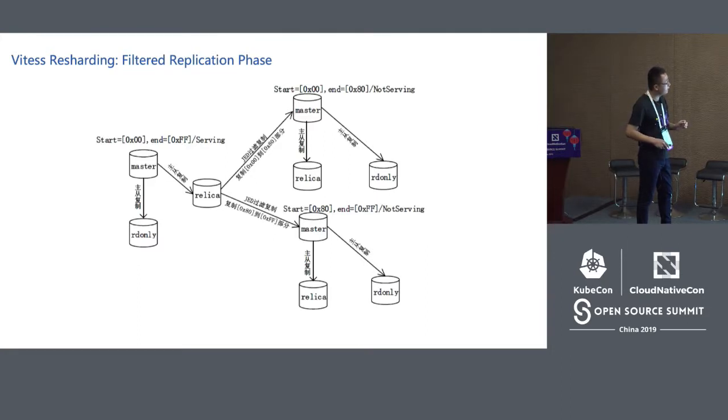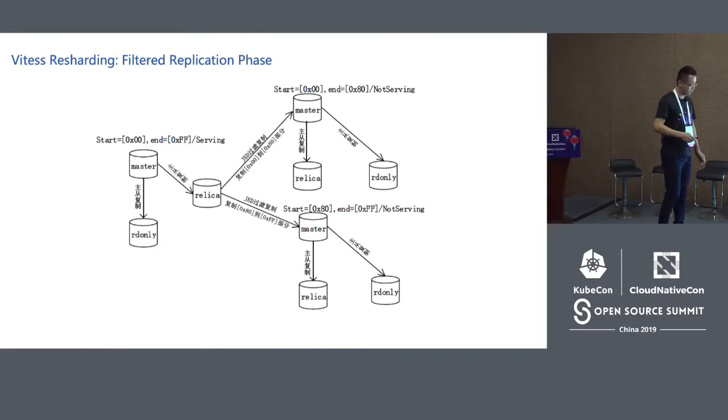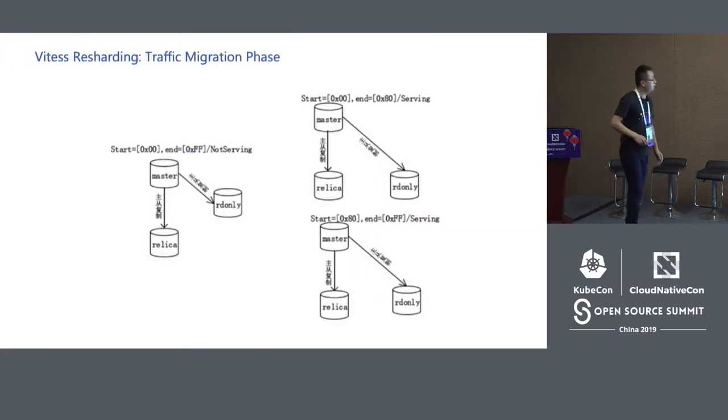And all of this writing and updating will be synchronized to the shards that we have decided on. And it will relate to the operations of the whole cluster. So with this master and replica relationship, the two parts should be synchronized. Otherwise, it will have some problems.